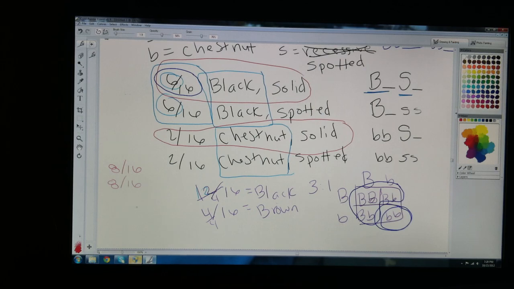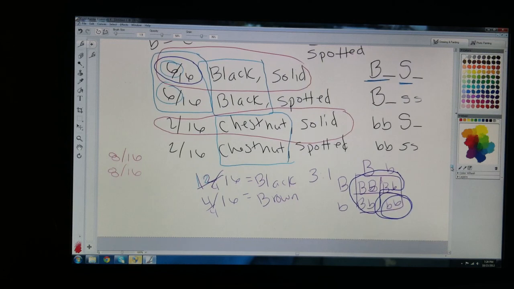That's the other half. In order to get a phenotype that would give us half spotted and half solid, you would have one parent be heterozygous and one parent be homozygous recessive.